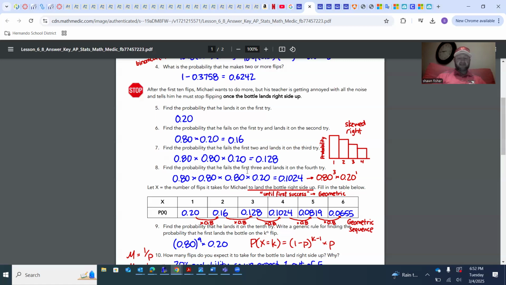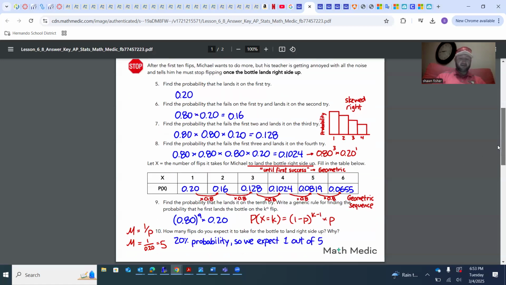Find the probability he fails the first three. Well, what's the fail? 80, fail, 80, fail, 80, success, 20. When we multiply all that together, we're going to get the probability of what they're asking for. So then we can put it into a distribution, which is a geometric sequence.